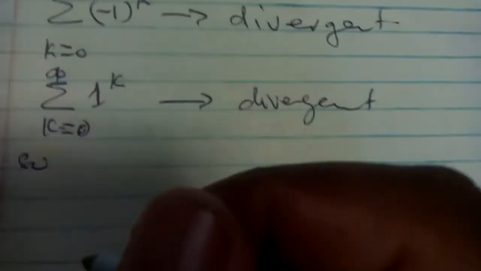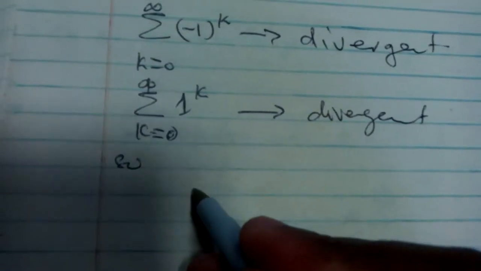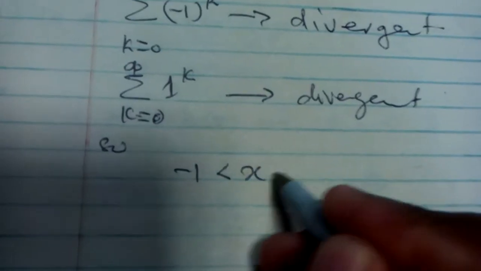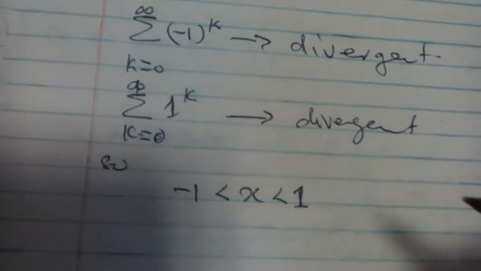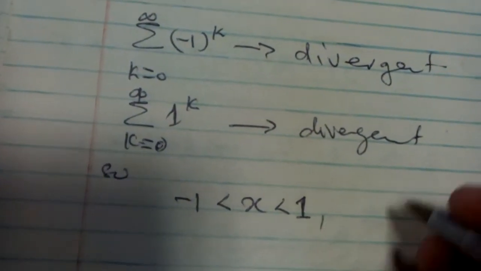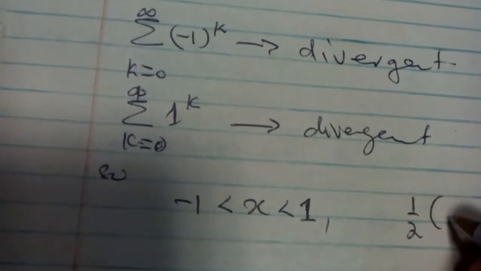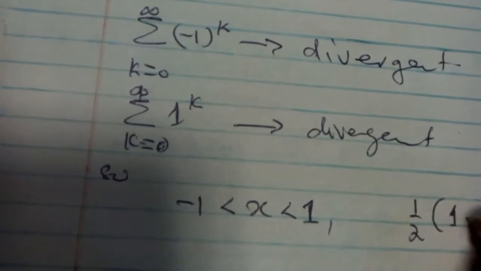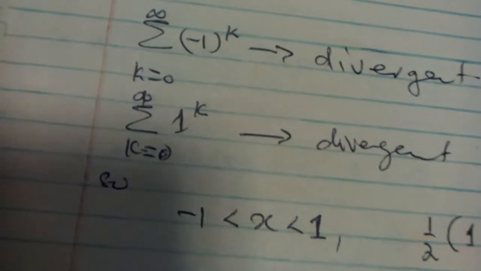So my interval of convergence is minus 1 less than x less than 1, strictly less than 1, not less than or equal to there. And my radius of convergence, of course, is going to be half of 1 minus minus 1, which is equal to 1.